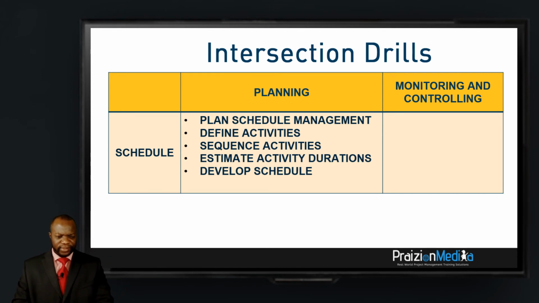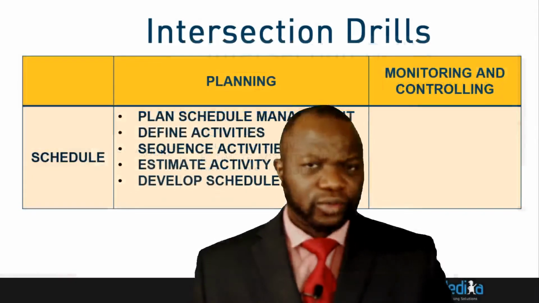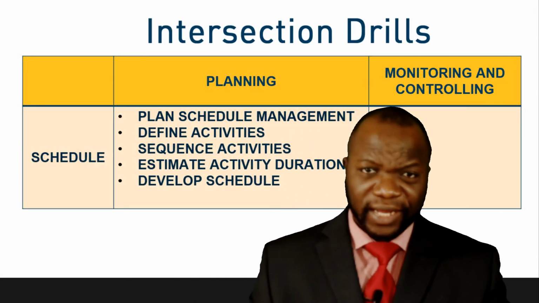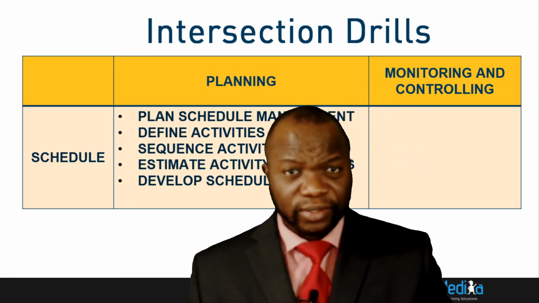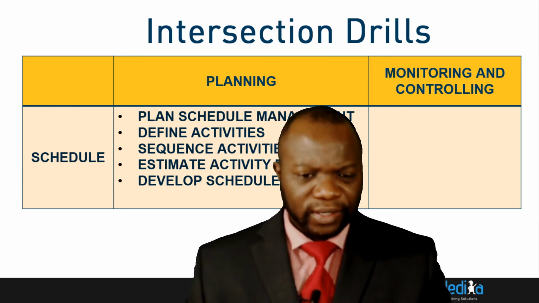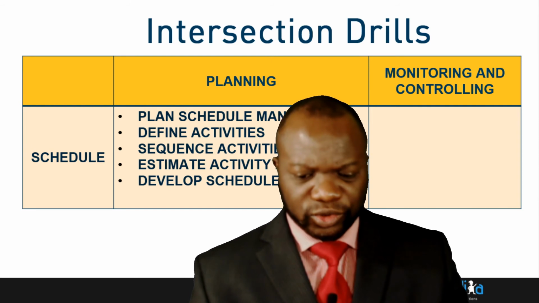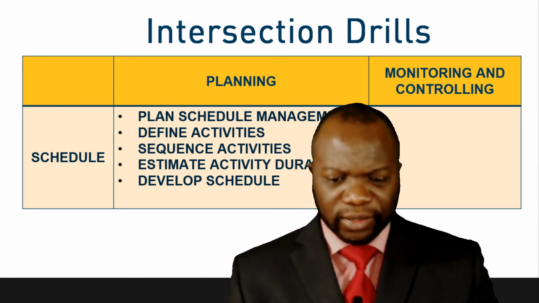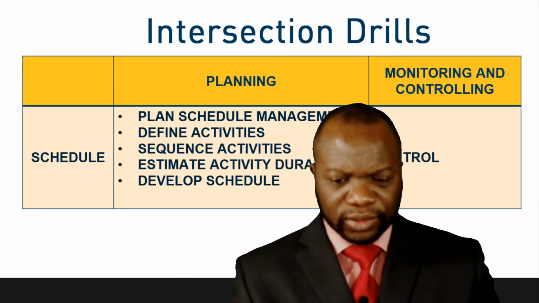control schedule. Now you do notice that the language has changed from when we were in risk to when we are in schedule now. Now that we are in schedule, the language is control schedule, because you can control your schedule.